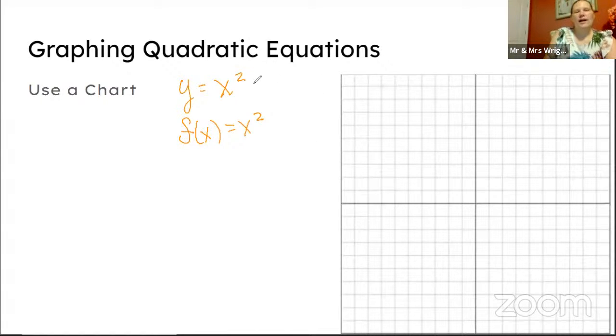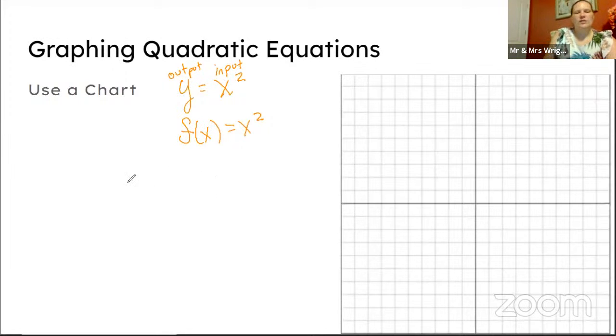Okay, so how would we graph one of these quadratic equations? Well, let's look at this basic equation of y equals x squared. Remember, x is our input value and y is our output. And our domain, there's no rules against what we can put in for x, so our domain is going to be all real numbers.